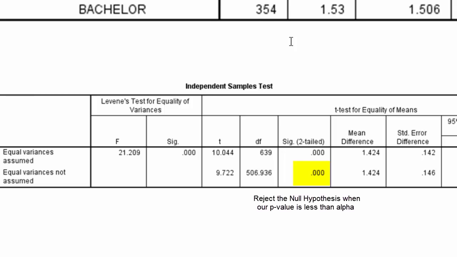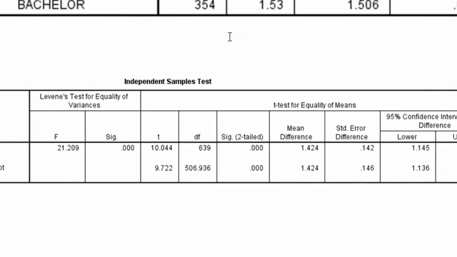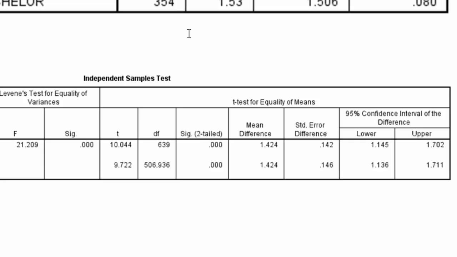We also have a mean difference in the sample of 1.42. This means that in the sample, those with less than a high school degree had about 1.5 more kids than those with a bachelor's degree. And then we also have the 95% confidence interval of the difference.